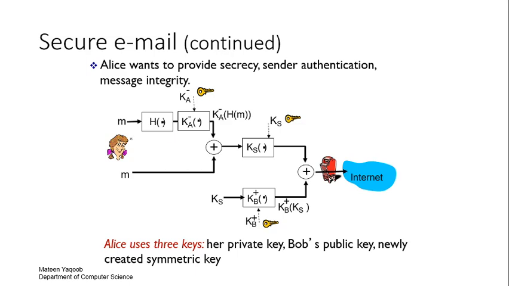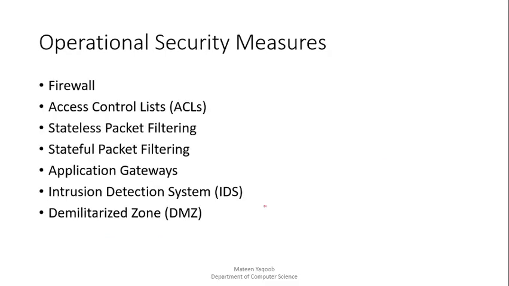First, she will sign the message using a digital signature with her private key, and then send that message using symmetric key encryption, and then encrypt that symmetric key using the public key as well. So there is no possibility for Trudy, the intruder, to get into the content of the email.